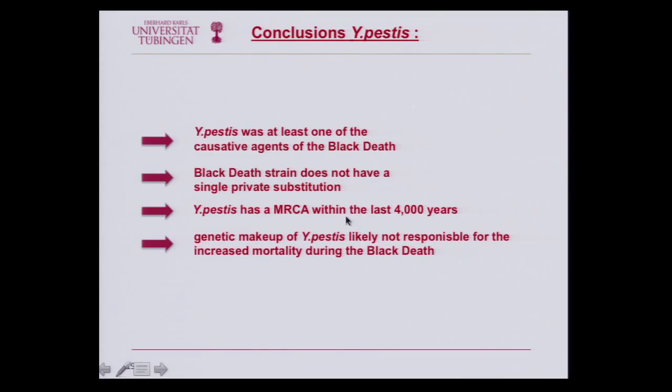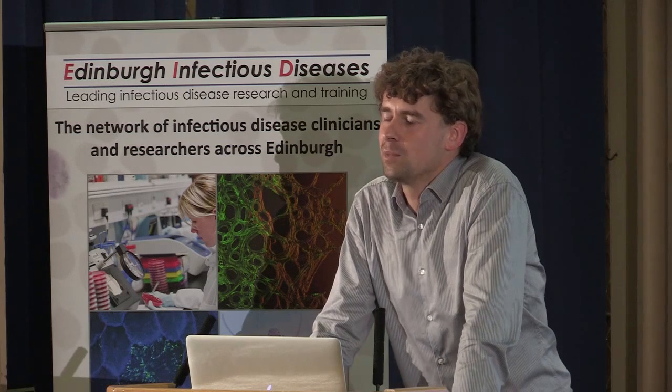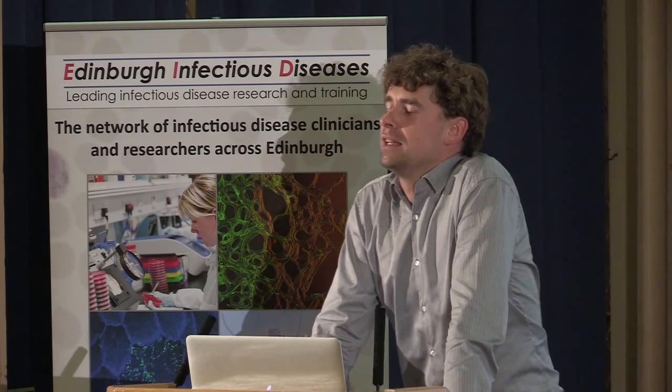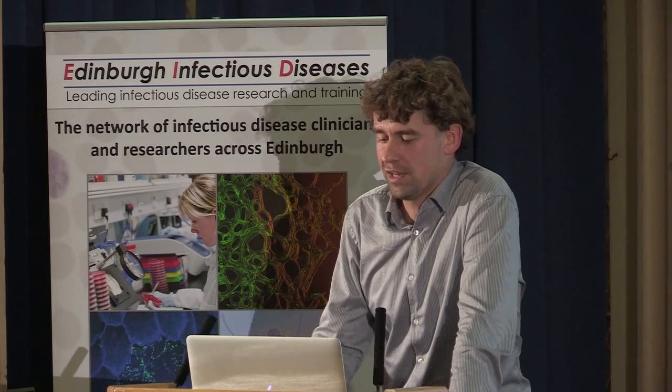What we could also show is that it has evolved within the last 4,000 years, when it has the last common ancestor with the outgroup, Yersinia pseudotuberculosis. And like I mentioned, we couldn't find anything in the genetic makeup that could explain that it was somehow special and that it has caused so many people to die in the past. So basically, at least based on the biology, it didn't have a higher mortality, so a higher virulence, than the strains that are circulating in the world today.